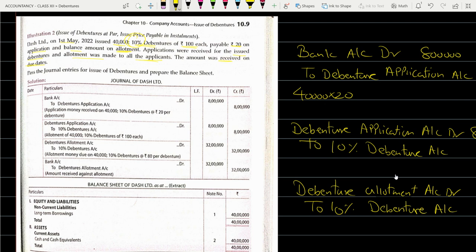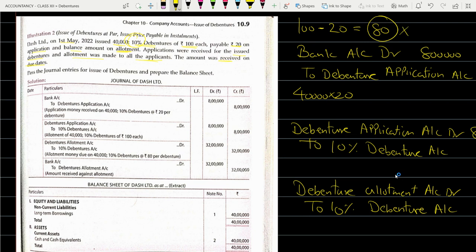So here, how are you going to derive the amount? The face value has been mentioned as 100 rupees. Out of 100 rupees, you have already utilized 20 rupees on your application. So the balance amount is going to be 80 rupees.